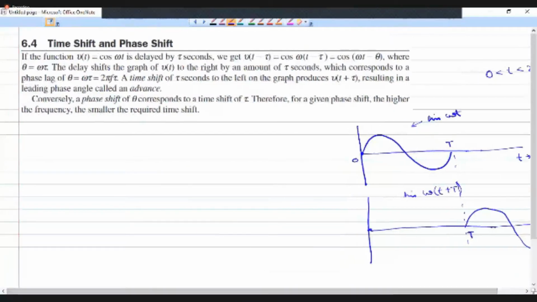So if the function v of t equal to cos omega t is delayed by tau seconds, we get v of t minus tau. So when we delay, it means we have to subtract the time, t minus tau.